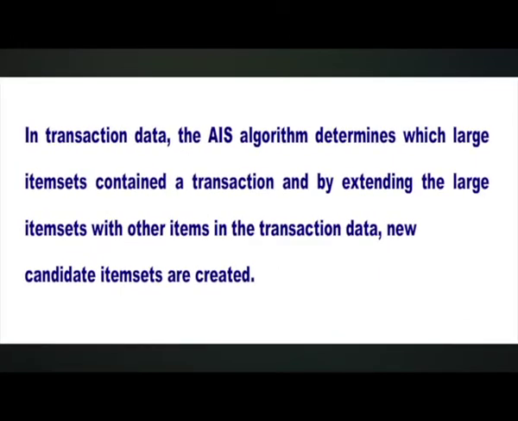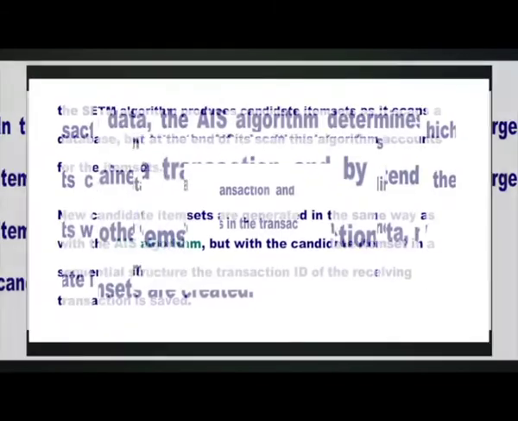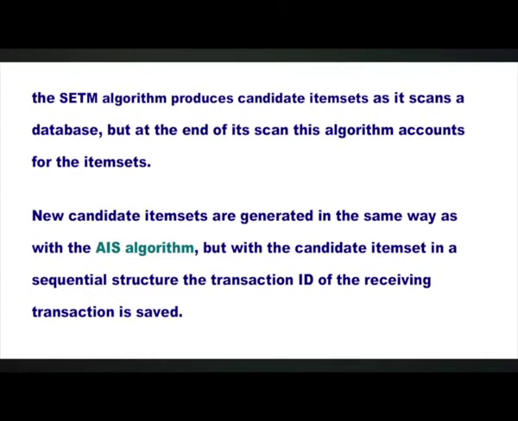In transaction data, the AIS algorithm determines which large item sets are contained in a transaction, and by extending the large item sets with other items in the transaction data, new candidate items can be created in this way.